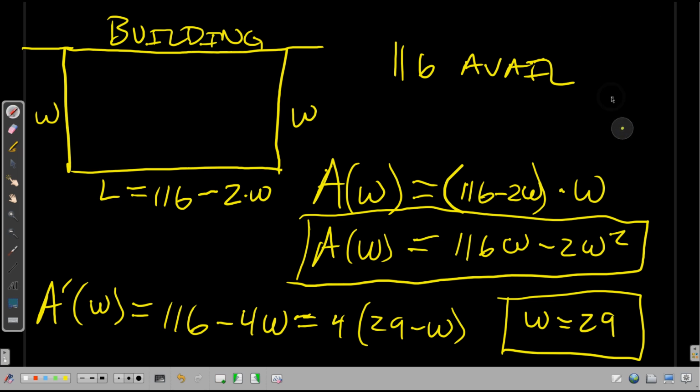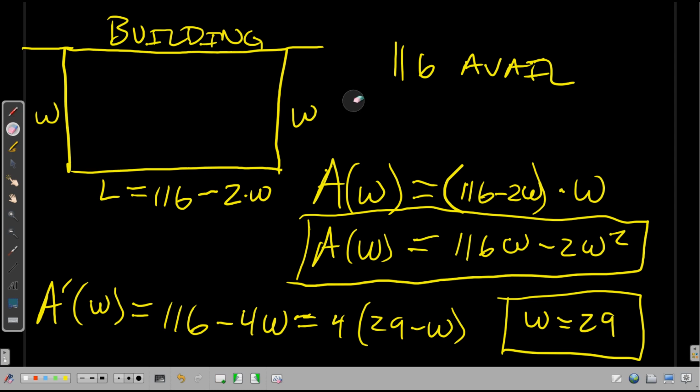So it doesn't matter what that closed and bounded interval was, the maximum will occur at the critical value. But just to get comfortable with writing down the domain, what is the smallest possible value for w? Well, there isn't one, actually.